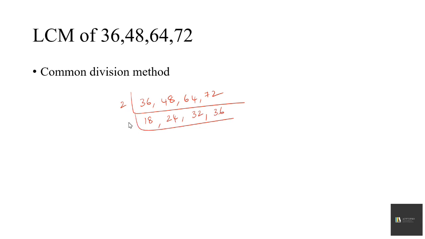We'll solve LCM using the common division method. We'll list out all the numbers given and we'll do prime factorization for these numbers. So 36 when divided by 2 gives a quotient of 18, 24, 32, 36, 9, 12, 16, 18.